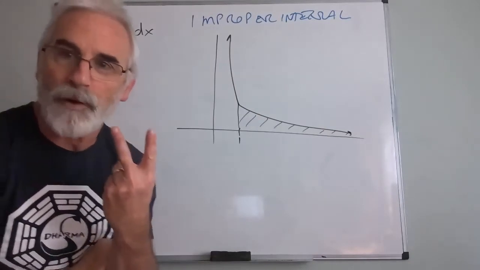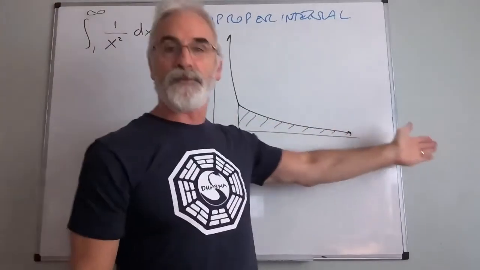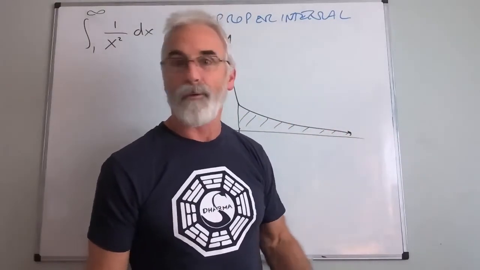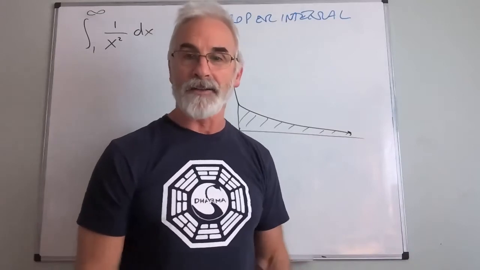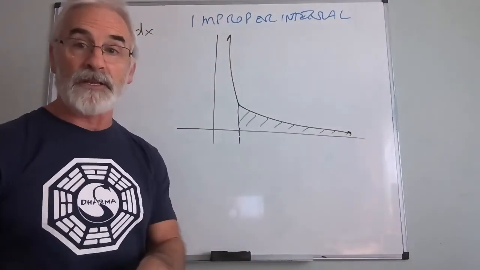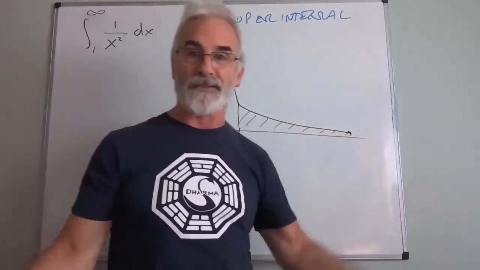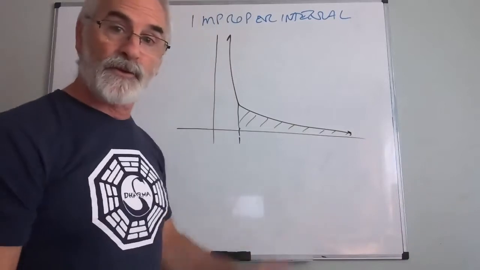That means I only have 2 possible choices for my answer. My answer is either going to be an infinite amount of area or it's not. And if it's not infinite, that would mean it's finite. But it's definitely not going to be a DNE because nothing weird is happening. I don't have discontinuities. I'm not dividing by 0. No, it's either going to be infinite or it's going to be finite.